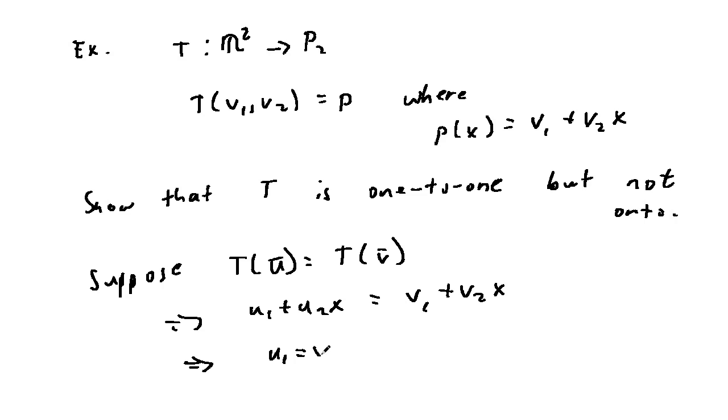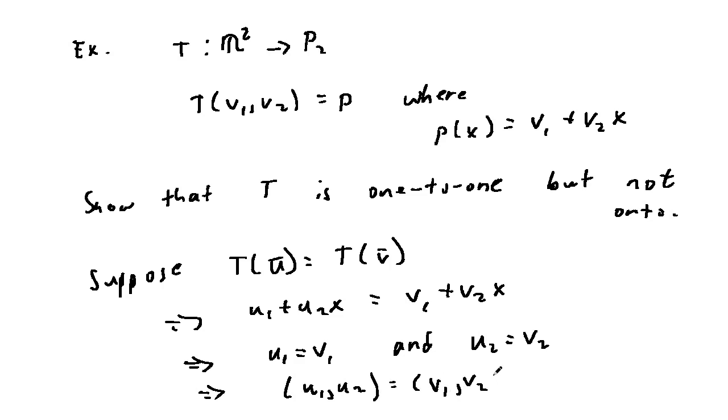So U1 equals V1 and U2 equals V2. But then that means that these vectors are equal.